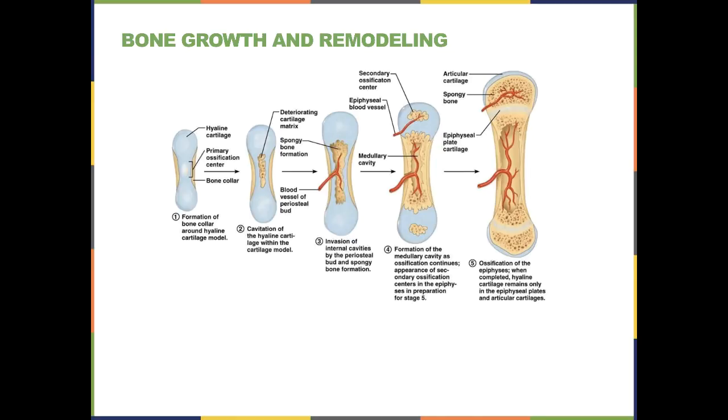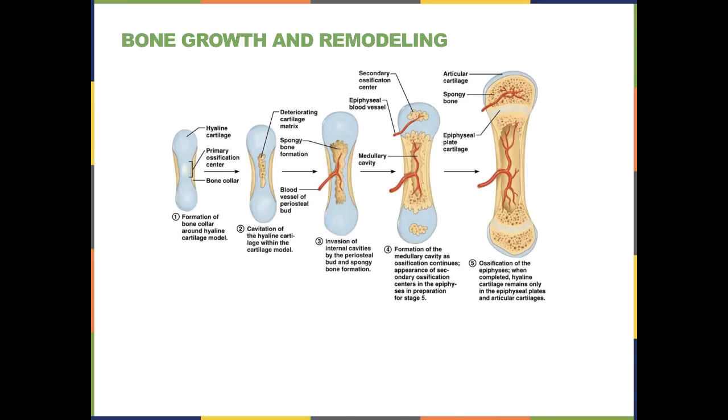And this bony collar makes up what is known as the primary ossification center. And as the bone grows, the hyaline cartilage begins to grow out, the central aspect of the cartilage deteriorates, and within that deterioration, more bony cells come in and they form bone in that area as well.